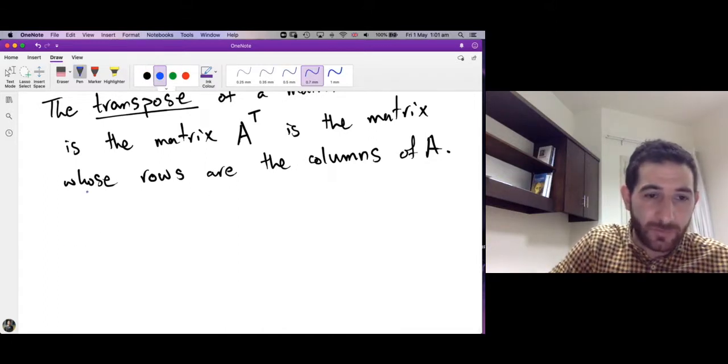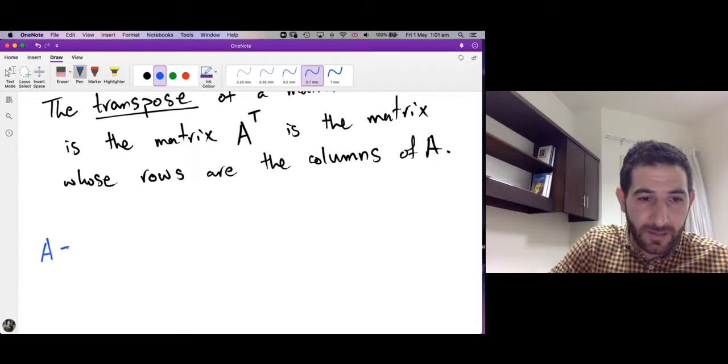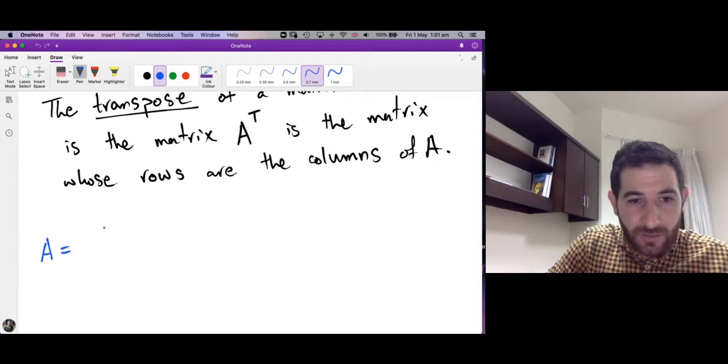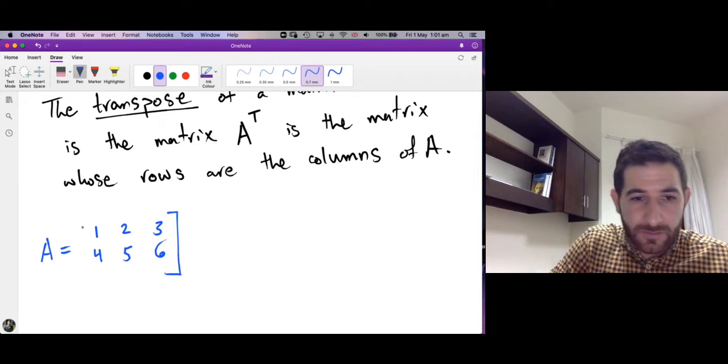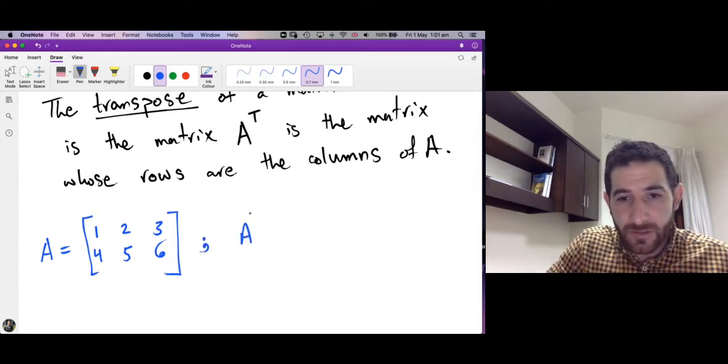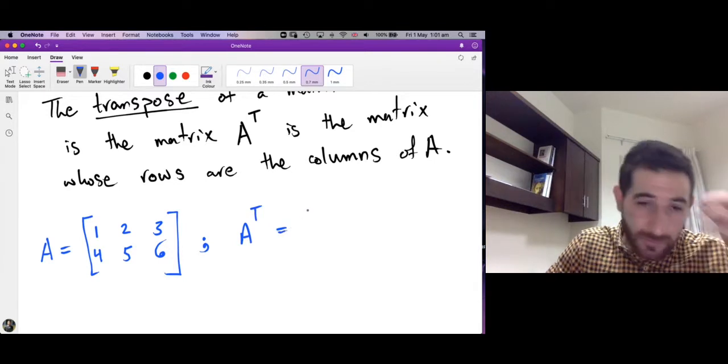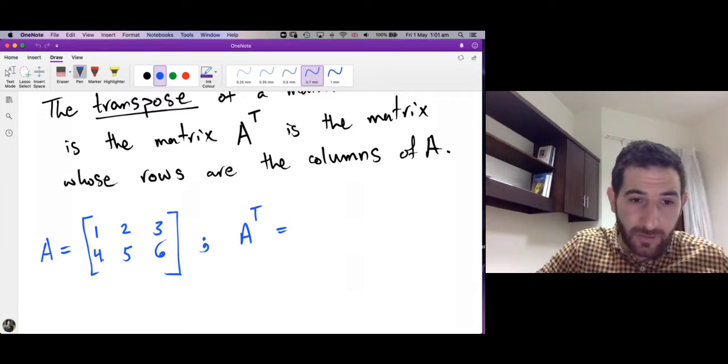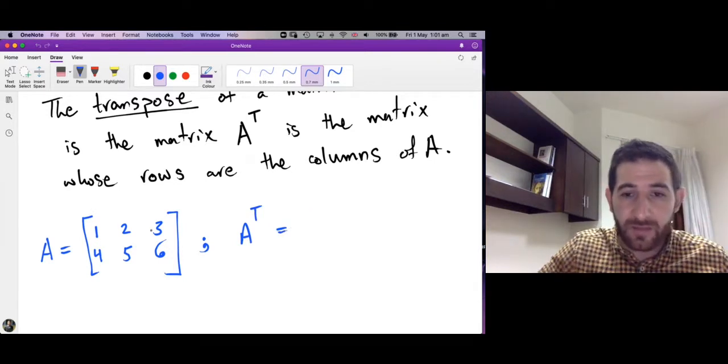Now let's suppose that we have a matrix A, and this matrix has two rows: 1, 2, 3 and 4, 5, 6. Now let's compute A transpose. You can take the first column, which is 1, 4, and make it the first row here.